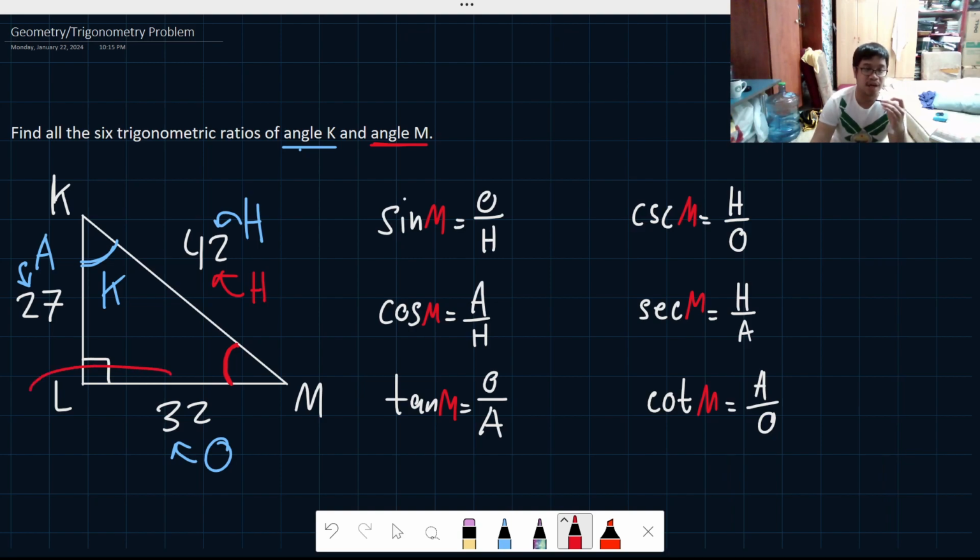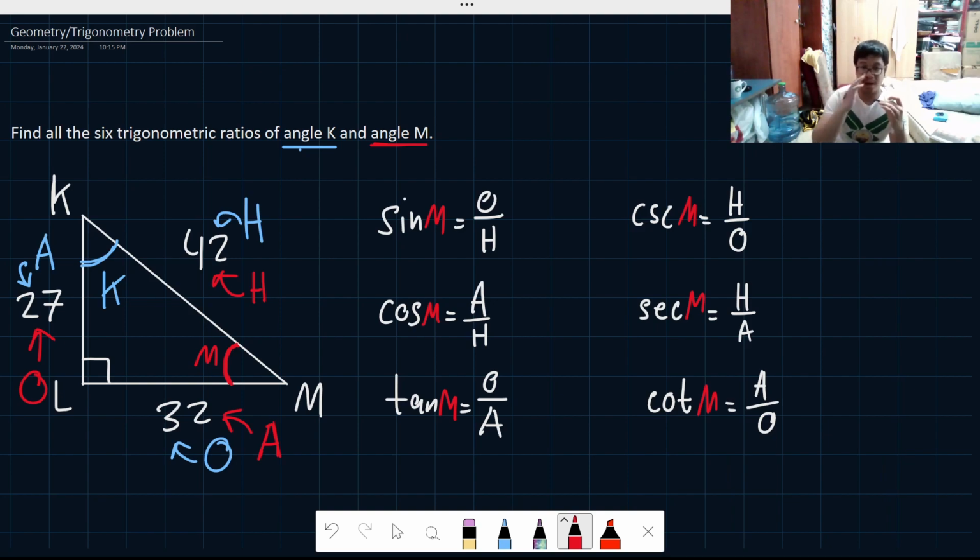The base here, or line segment LM, is beside angle M. Therefore, your 32 here is not opposite but rather adjacent for angle M. And since 27 units is not beside angle M, this is your opposite.